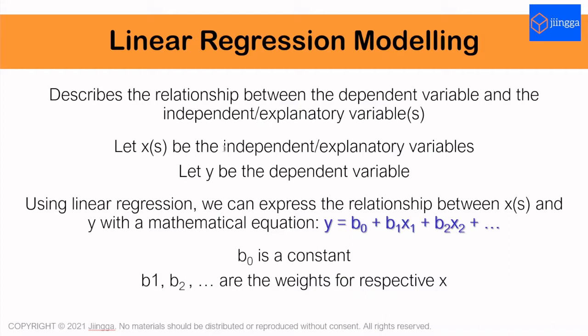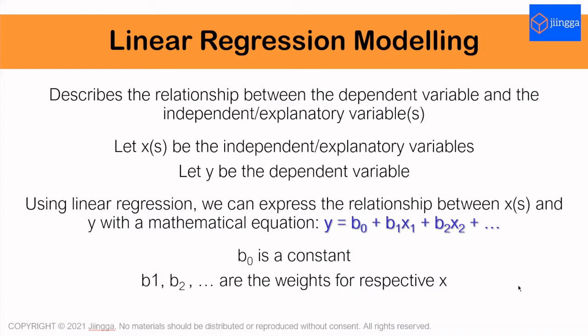Let x be the independent or explanatory variables and y be the dependent variables or the labels that we use to get our analytics answers. Using linear regression, we can express the relationship between x and y with the mathematical equation y equals b0 plus b1x1 plus b2x2 and further.